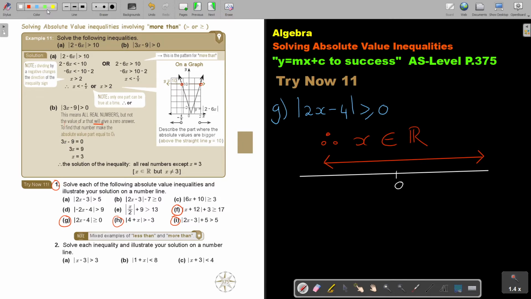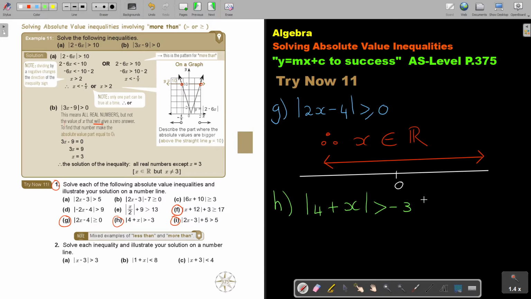If I give you, and don't let me catch you out with number H, and I gave it to you because I was afraid you're going to. The thing is, don't go, oh, it's no solution. If it's smaller, yes, no solution, but not for bigger. Because what it's actually saying is bigger than negative 3. So it's correct, it cannot be negative 3, negative 2, negative 1, but it can be 0.